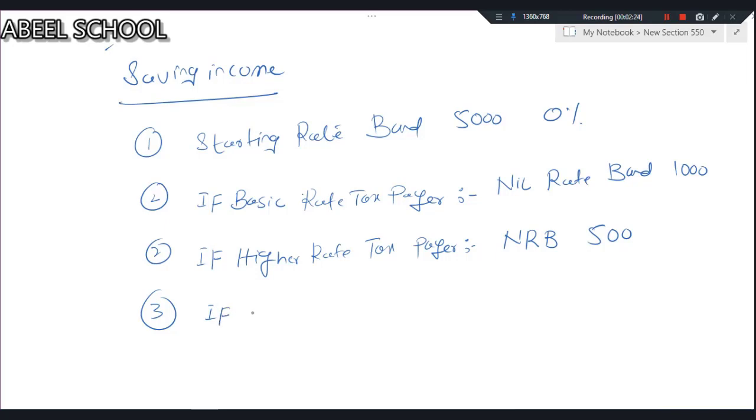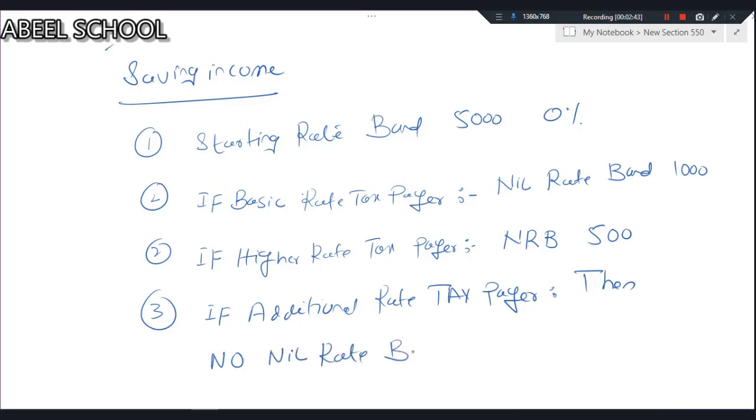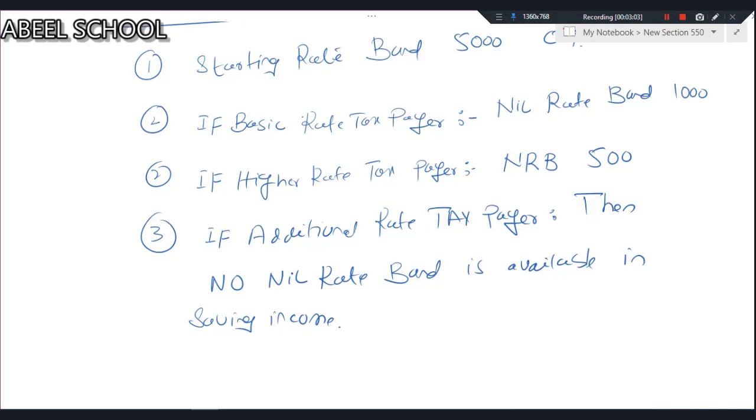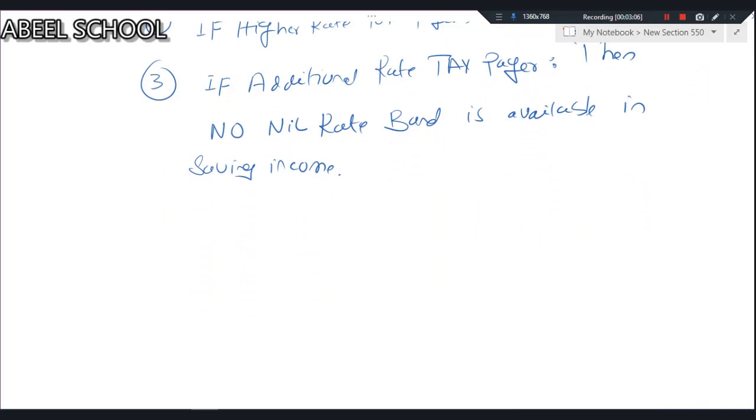If someone is an additional rate taxpayer, then no nil rate band is available in saving income. Now let us try to apply these rules through examples.